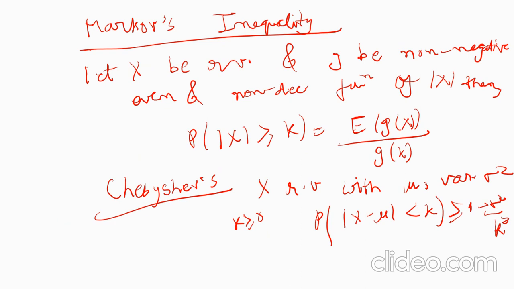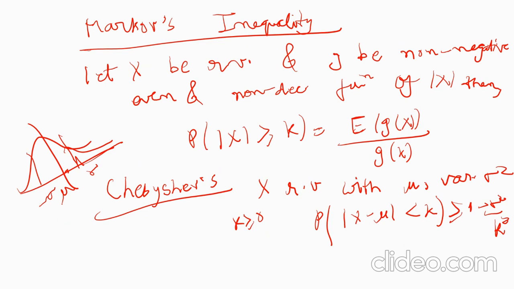So what does it mean? It means average. If I try to describe it using a normal distribution, we have mean mu and variance sigma square, so the standard deviation will be sigma.